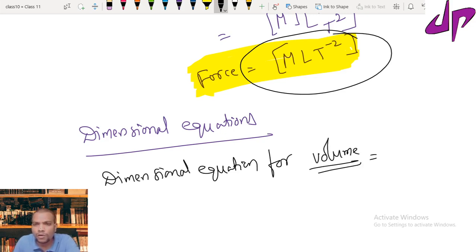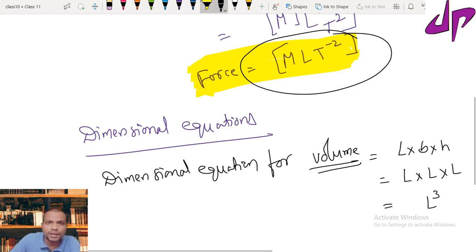What is the volume formula? Length into breadth into height, and everything we measure in terms of meters, so length L, breadth L, and height L. So we get L cube.